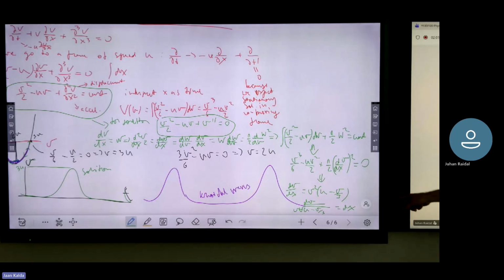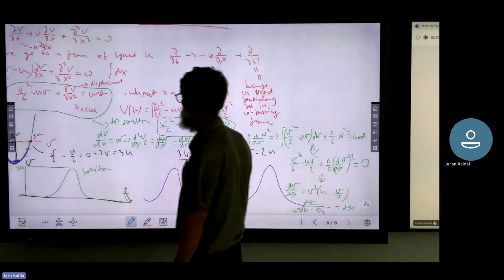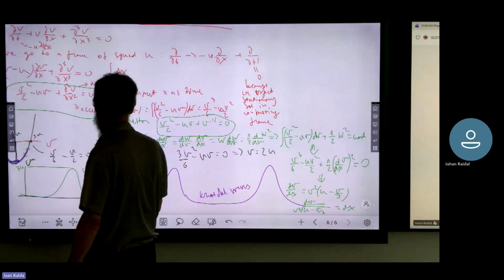And if you do that, you obtain the shape of a soliton. And the shape of a soliton appears to be hyperbolic secant.